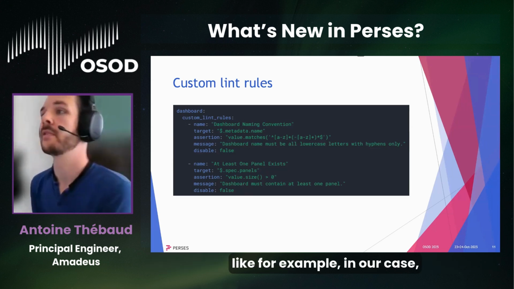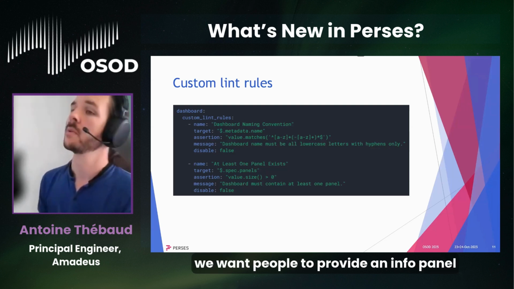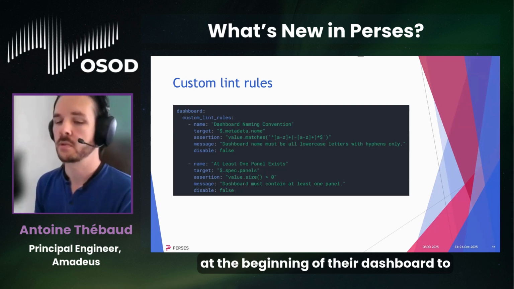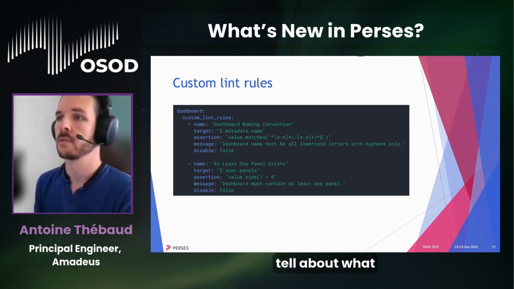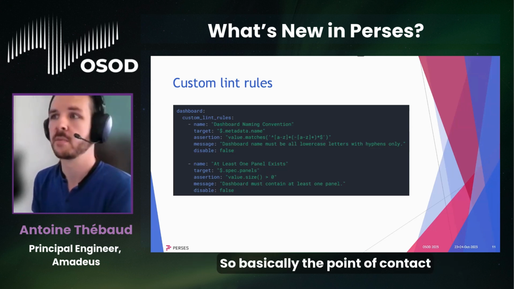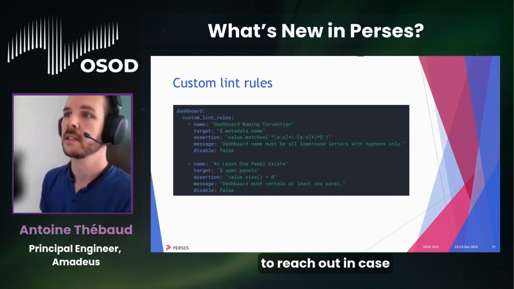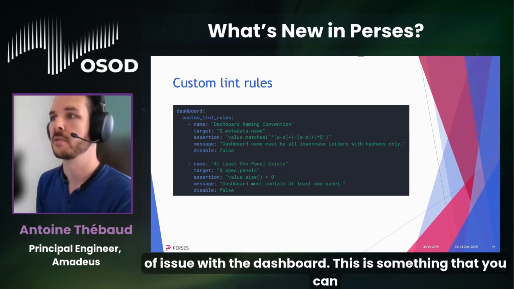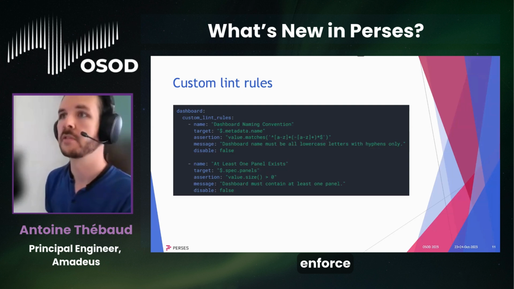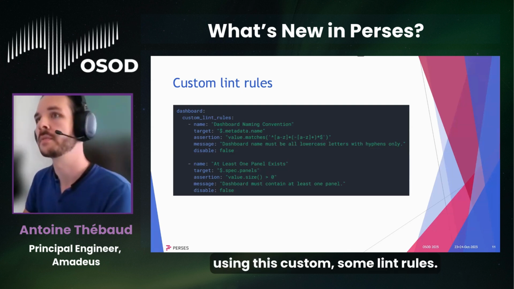Like, in our case, we want people to provide an info panel at the beginning of their dashboard to tell which team is responsible for the dashboard, basically the point of contact to reach out to in case of issue with the dashboard. This is something that you can enforce using these custom lint rules.